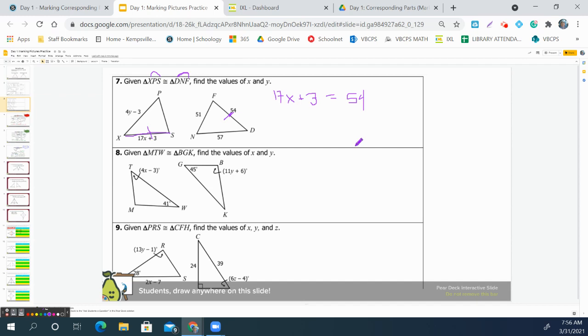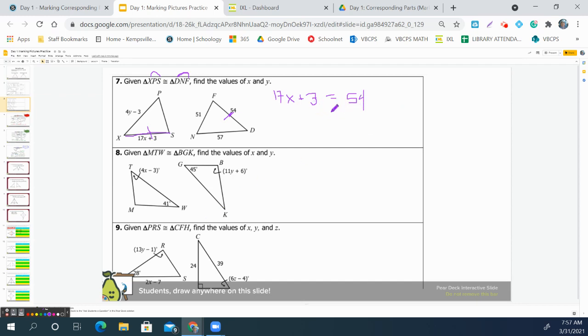I'm going to give you 30 seconds. Awesome. When you have the answer, put it in the chat and hit send or enter. Awesome.